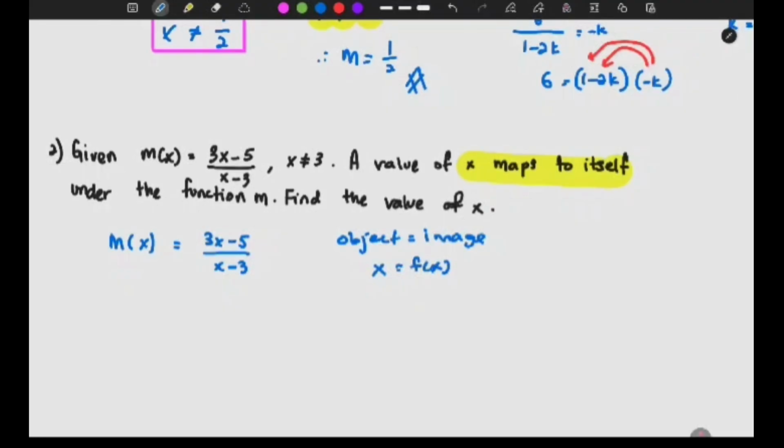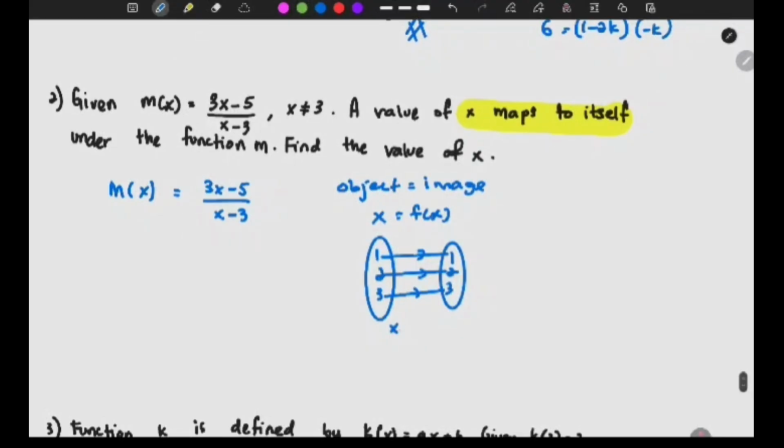So that's why when your x is 1, if you put inside f(1), you'll get 1. If it is 2, you put 2, you'll get back the 2. If it is 3, it's 3. You'll get back the same. That's why when you put in x, you get back the x. So the same thing.